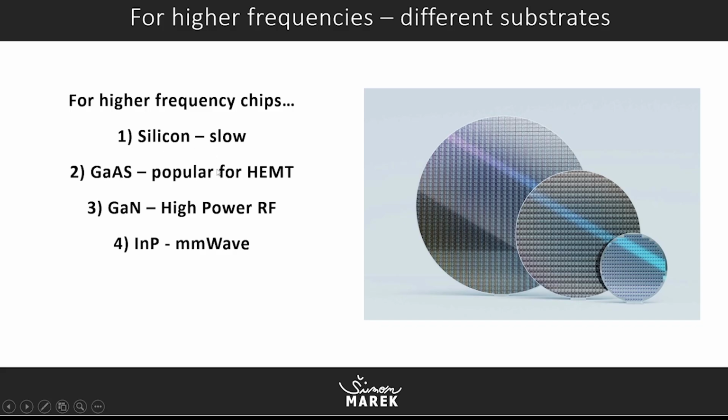Gallium arsenide is very popular for HEMT technology. Gallium nitride is very popular for high power RF technology. And indium phosphide is for microwave frequencies, for very high frequencies, typically 100 gigahertz and above.